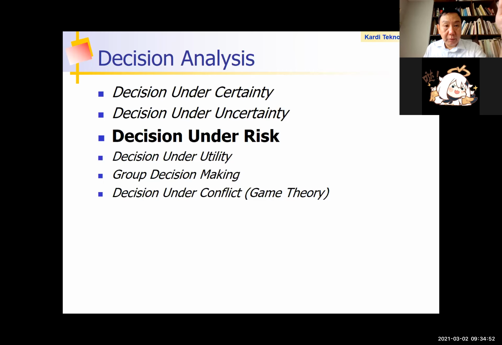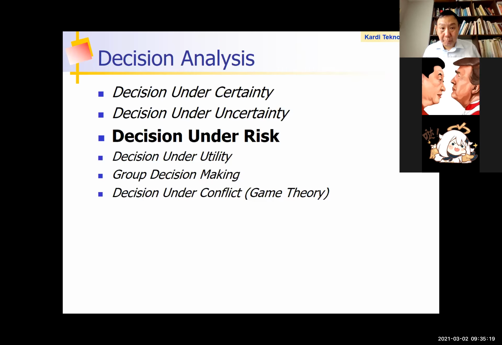Okay, so last time we discussed decision under certainty and decision under uncertainty. Decision under certainty means you are sure that a good decision will produce good outcomes, and a bad decision will produce bad outcomes. But in reality, that is not happening, right?